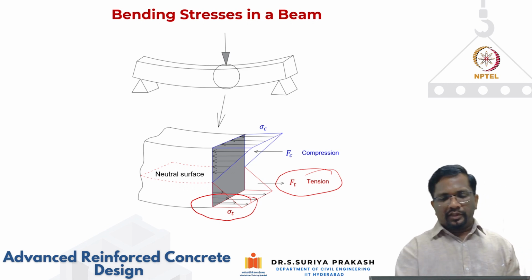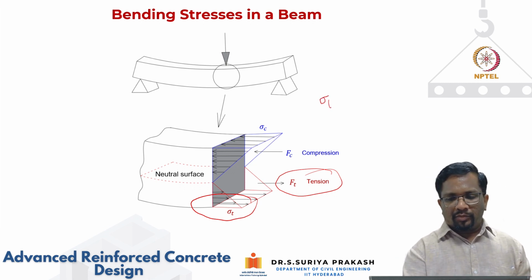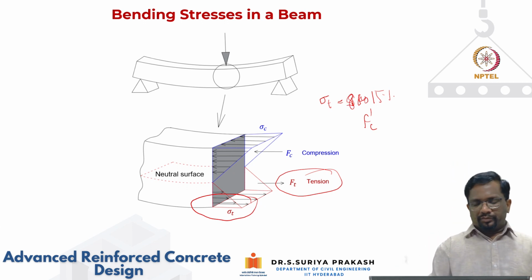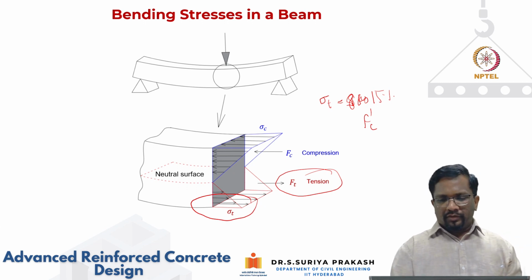So usually the tensile strength sigma T is considered to be roughly about 8 to 15 percent of your compressive strength, f prime c. Okay, 8 to 15 percent is what we are talking about.